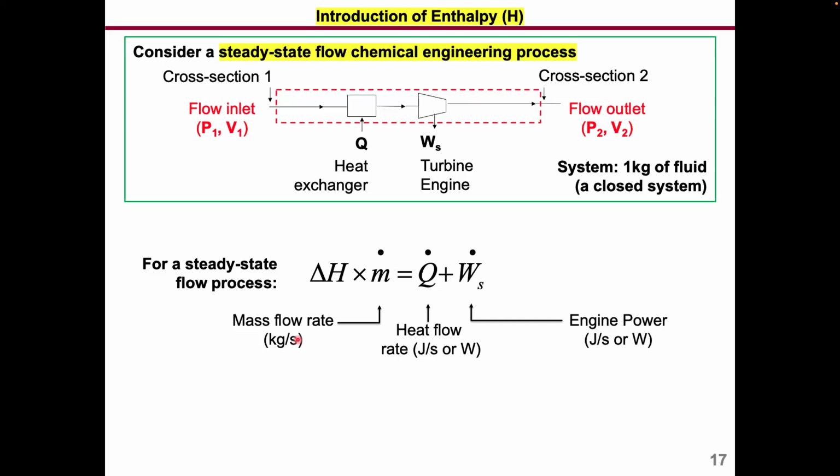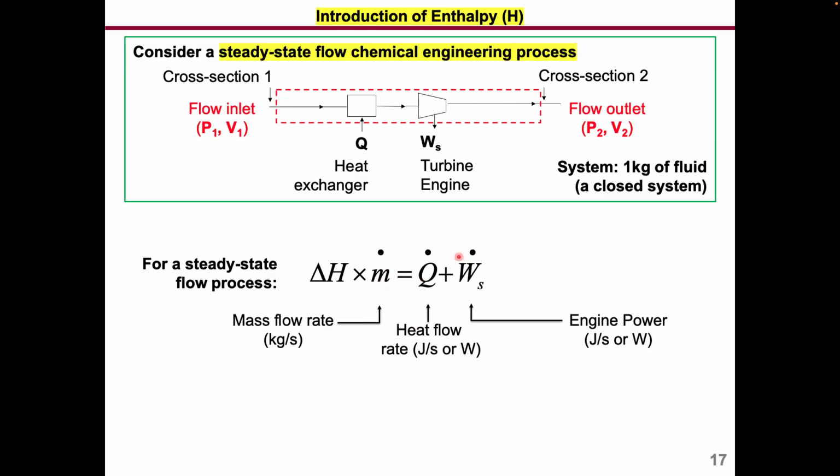You are pumping a specific amount of kilograms of the substance into the flow, so you introduce a mass flow rate here. So you have delta H still the same as the previous slide, and then you just multiply by the mass flow rate, kilogram per second.